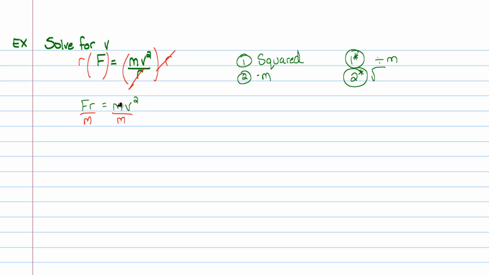On the right-hand side, the m over m becomes 1. On the left-hand side, nothing much can simplify there. It's just fr over m. Finally, I'll take the square root of both sides. So v is equal to the square root of fr over m. And of course, we don't know if v was positive or negative, so you're going to have to say it could have been positive, it could have been negative.